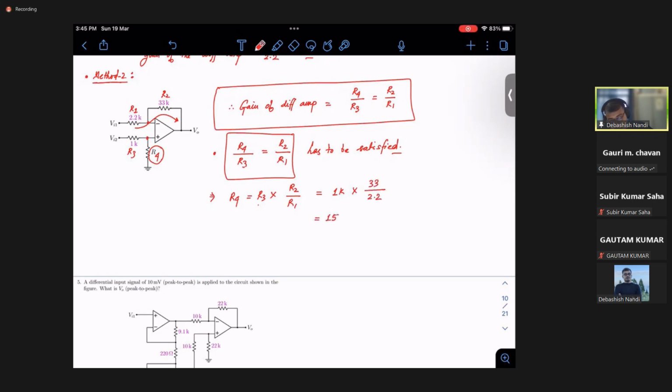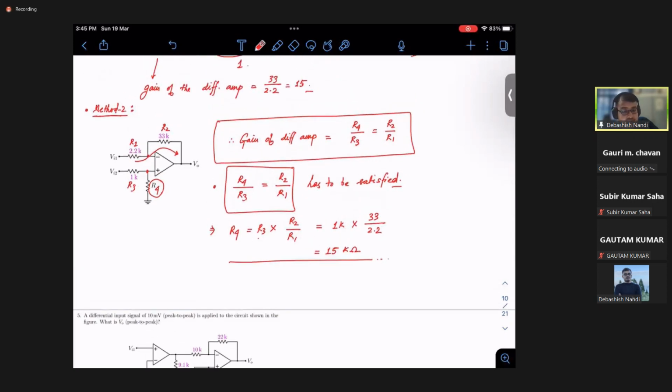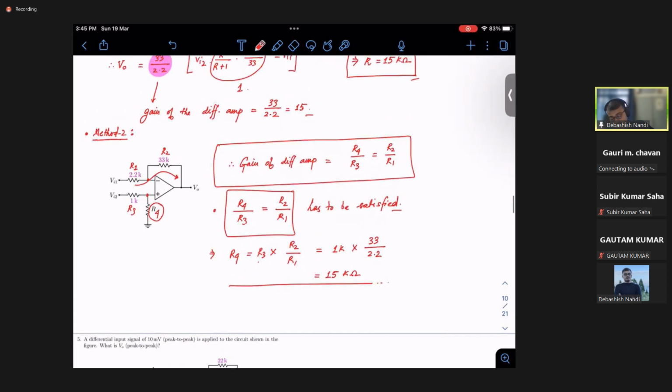Now, why don't I recommend this method? Because you see, even with a certain modification in the circuit, it may lose that it is a difference amplifier. You may get confused just by looking at the topology of the circuit, and even if there is no symmetry in the resistances, which we will see in another problem later, then it will not remain an ideal difference amplifier, right?